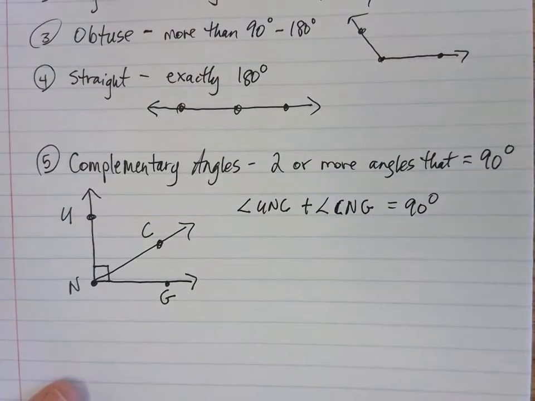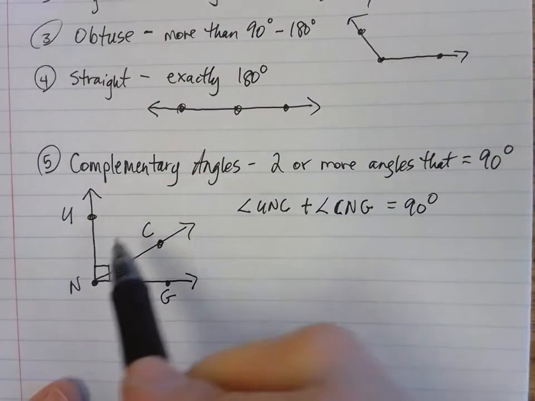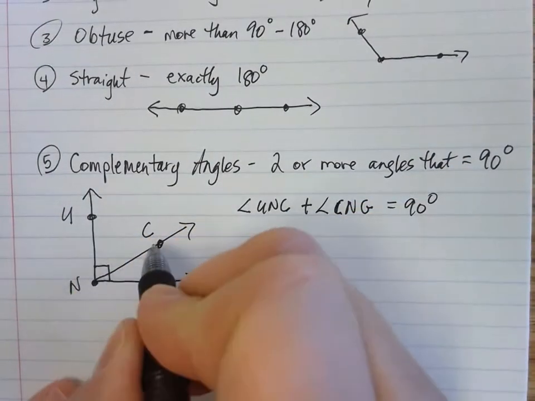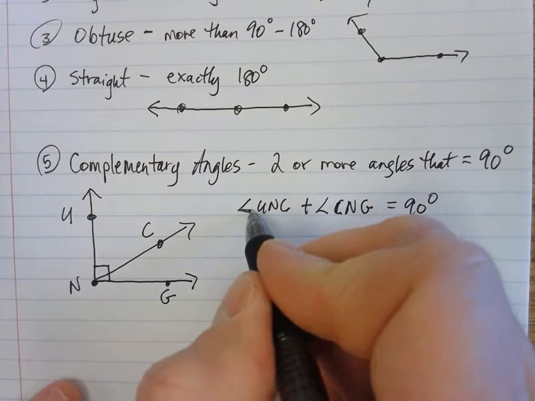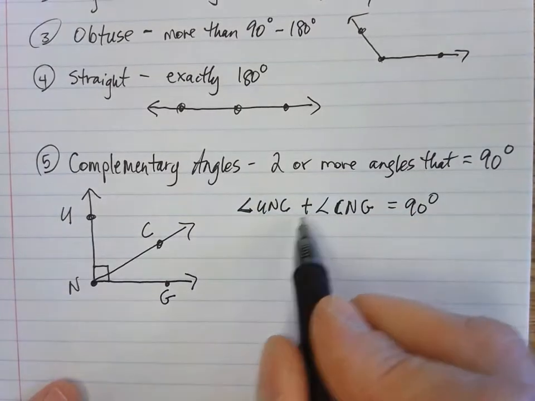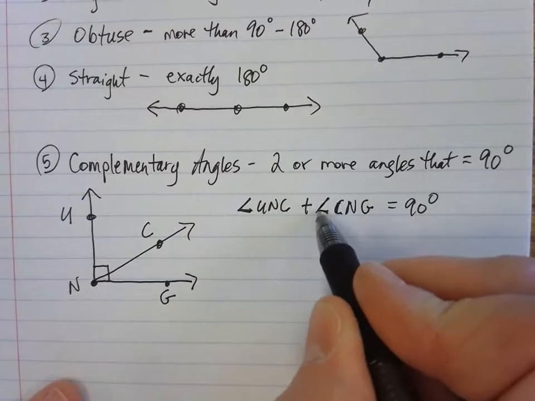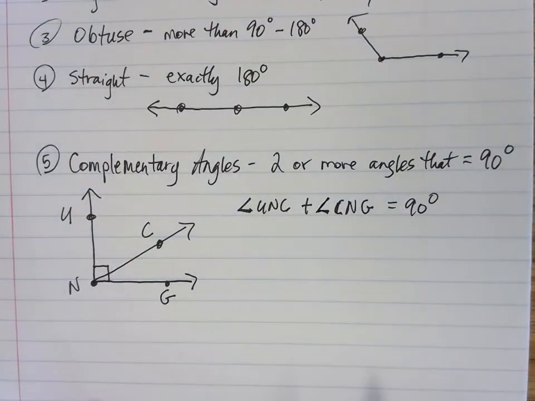That little sign in front of it means angle. If you add those together, that's going to equal 90.